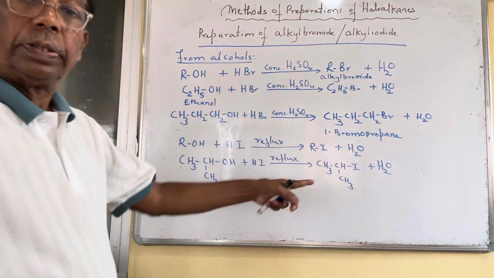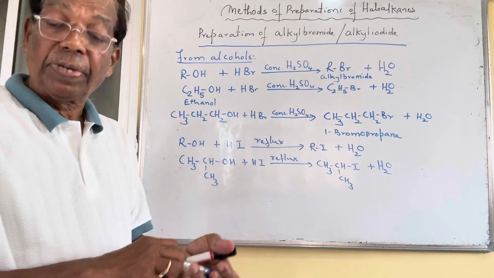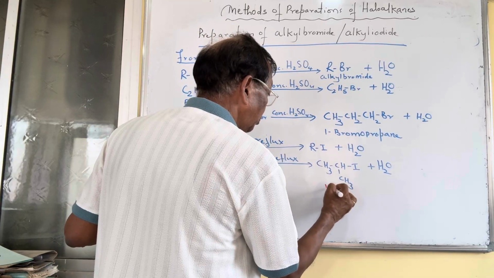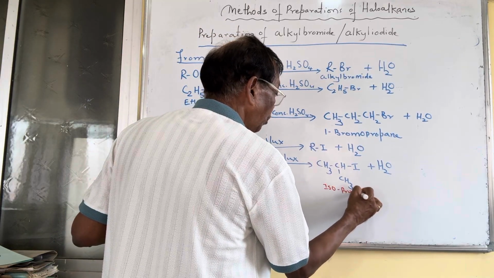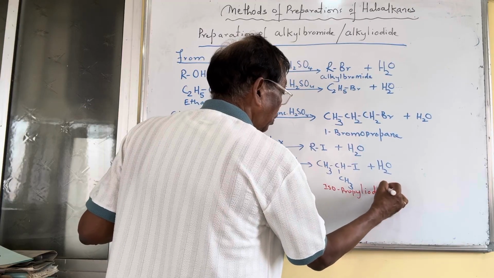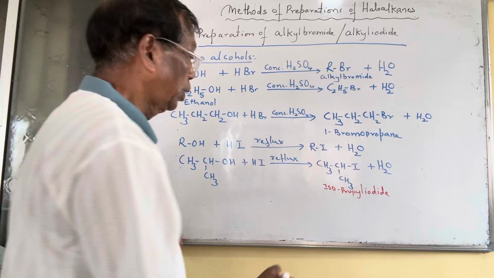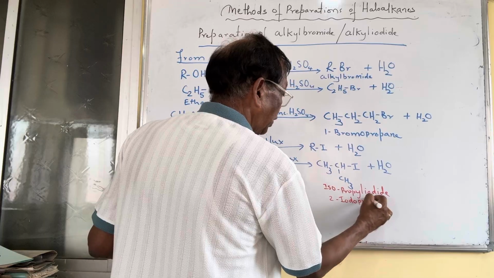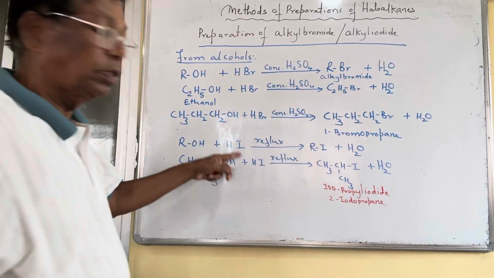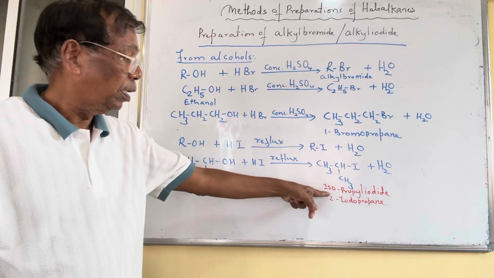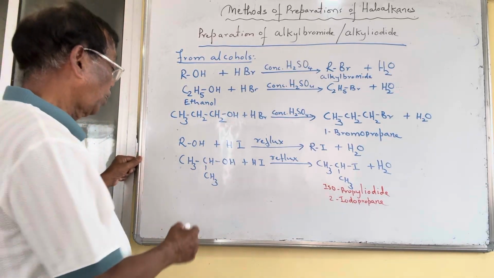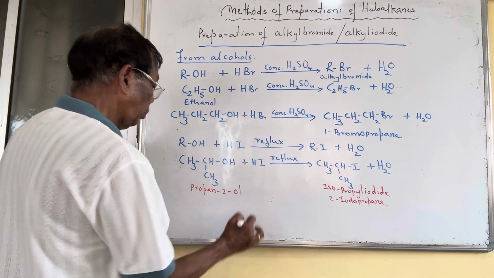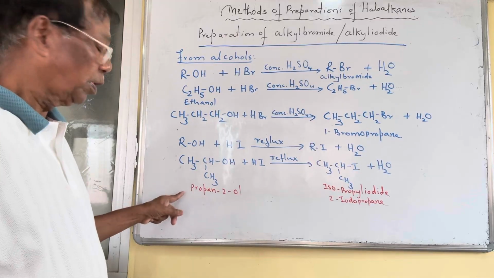The name of this compound will be isopropyl iodide, or 2-iodopropane. Remember, the alcohol will be isopropyl alcohol, or propan-2-ol. Remember here, not propane, the E is not there. It is propan-2-ol.